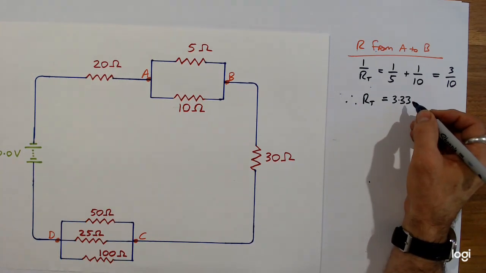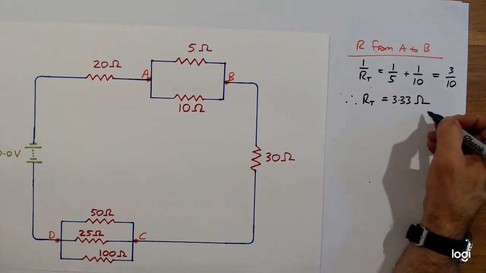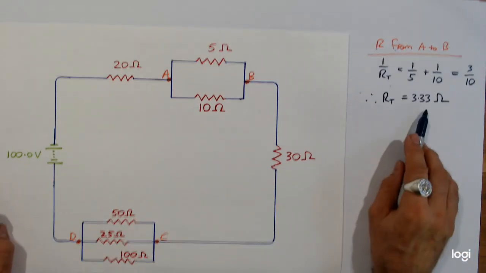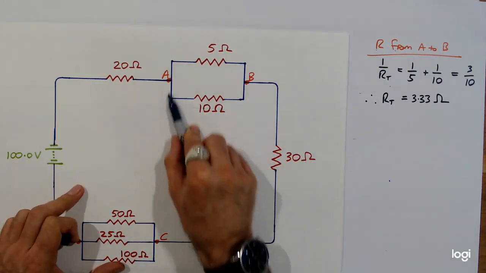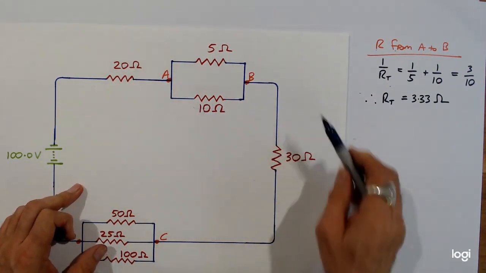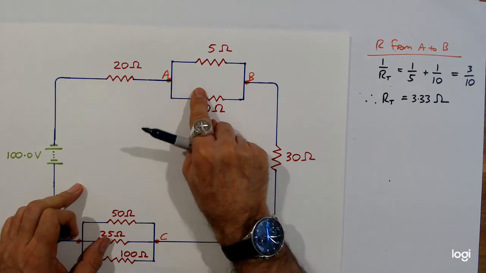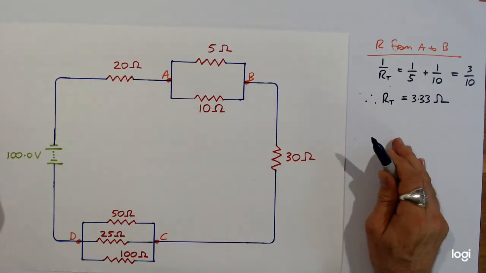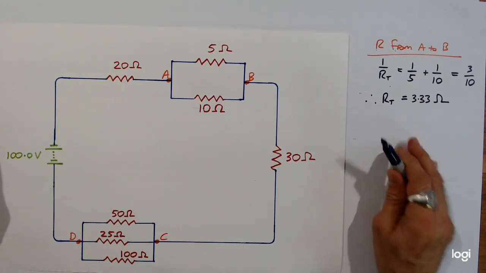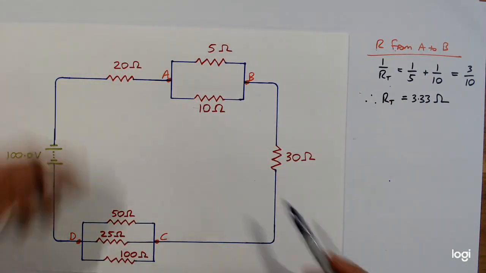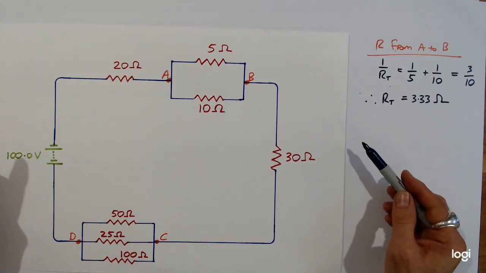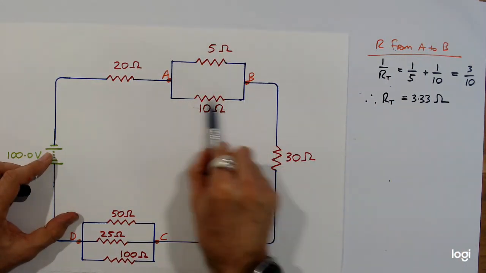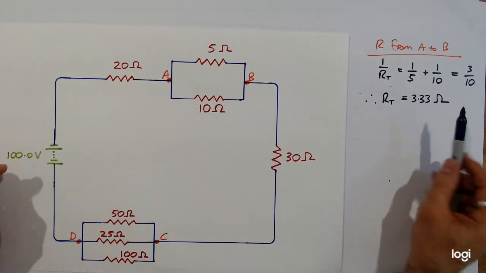When in doubt, get a calculator, right? I just did that one in my head. So what that says is that you could chop this whole thing out and just replace it with a straight line and one 3.33 ohm resistor, and the circuit would be the same. It wouldn't make any difference at all, right? The current would be the same, the total voltage and all that sort of stuff. Nothing would change, right? Because all of that just adds up to a resistance of 3.33 ohms.